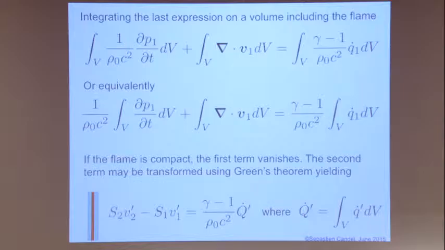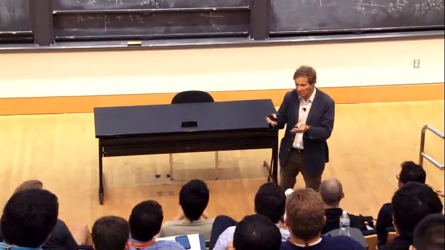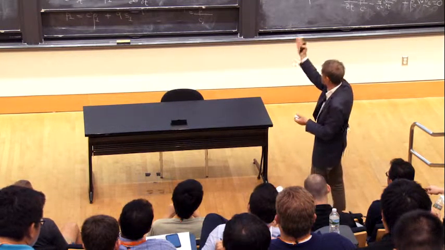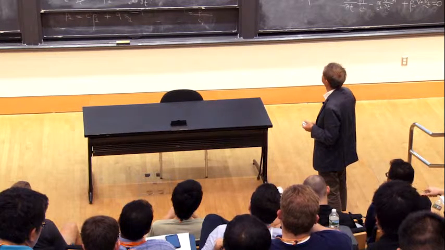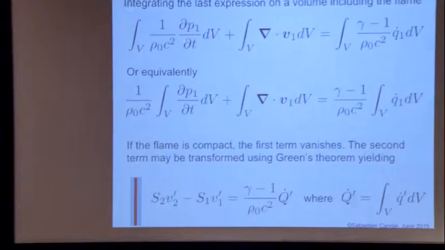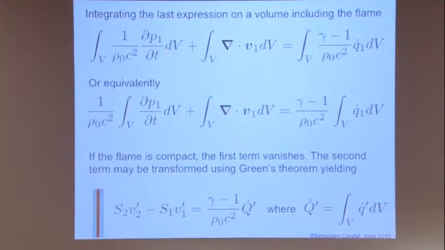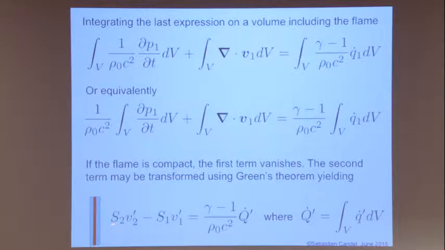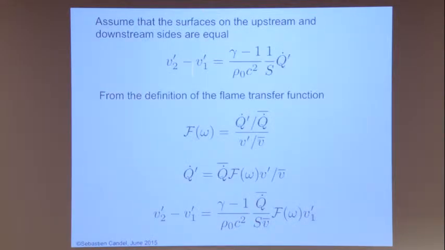It's been used very extensively because many flames can be treated as compact, and so we can relate what happens on the two sides of the flames using that expression here. You see, the derivation is just to assume that this volume is very thin, so that term vanishes, while this one is the jump in the volume flow rate. And from that we can write the velocities. Now let's assume that the two areas are the same on the two sides of the flame.